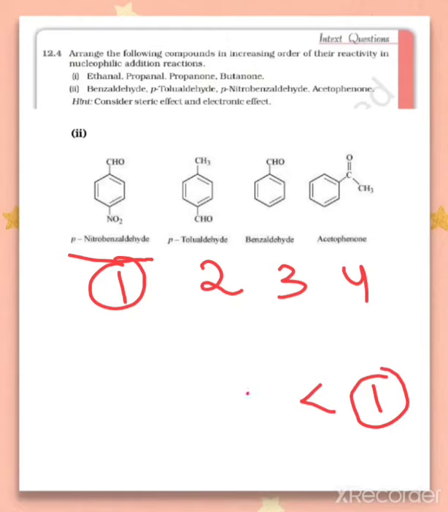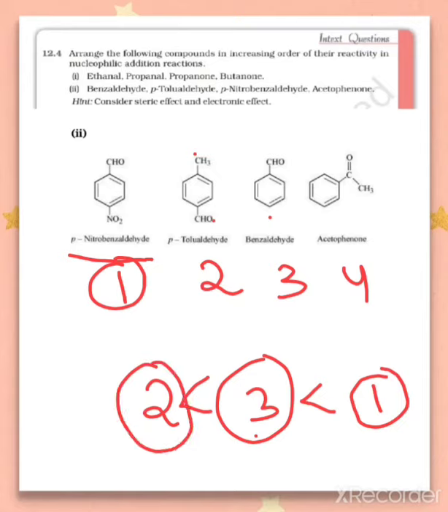Then we can say benzaldehyde, because when you compare benzaldehyde and paratoluene, paratoluene is less reactive because of the methyl group. So the next is benzaldehyde, after that number 2 paratoluene comes, and the least reactive will be a ketone, that is acetophenone, number 4.